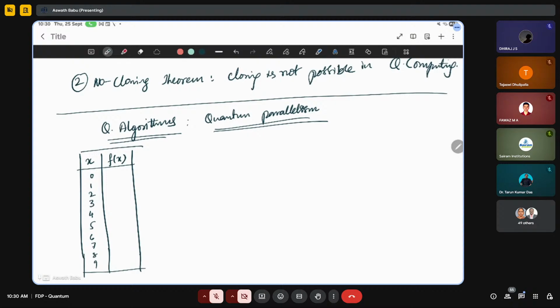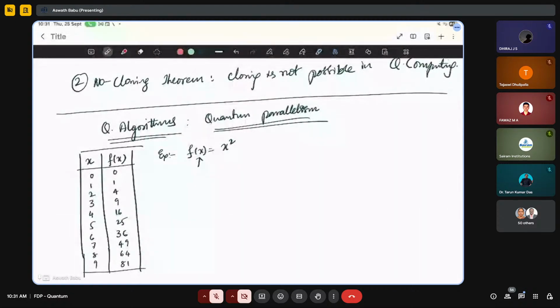I have to calculate f of x. Take the example f of x equals x squared, a parabolic function. Now I feed in the x values and find the functional form. I would find 0, 1, 4, 9, 16, 25, 36, 49, 64, 81. Like that I calculated. Now if I ask the system to calculate, it just does that one by one.